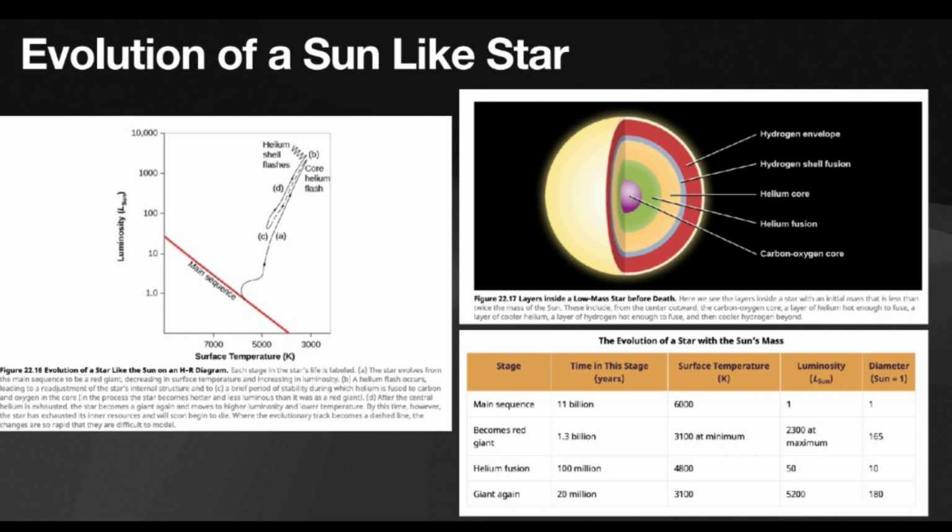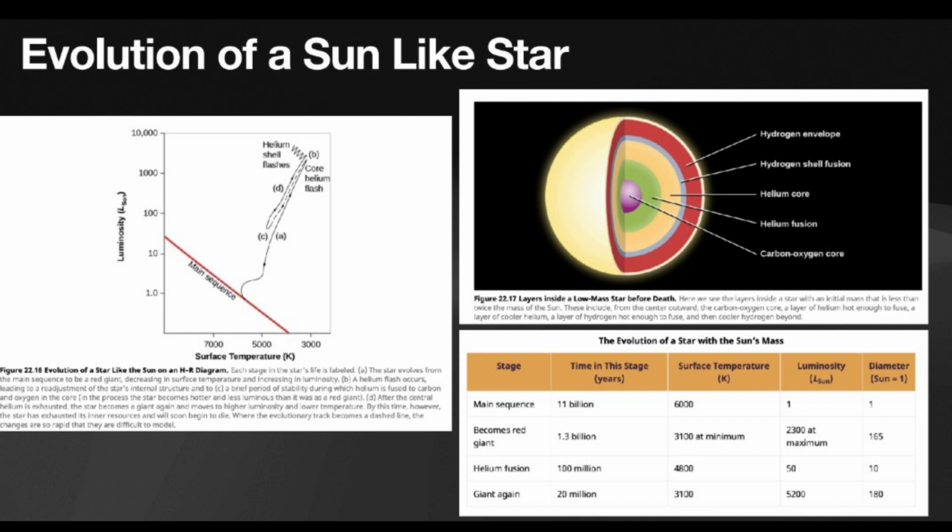So this is basically a chart here. The main sequence evolution of a star of one solar mass. You can see there's a hydrogen envelope, hydrogen shell fusion, helium core, helium fusion, and carbon-oxygen core. For a star of the sun's mass, the main sequence is 11 million years at a surface temperature of 6,000.